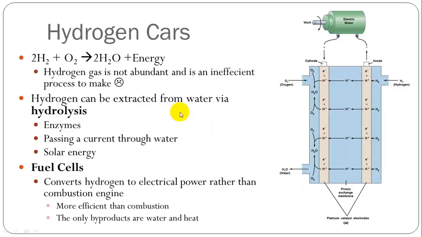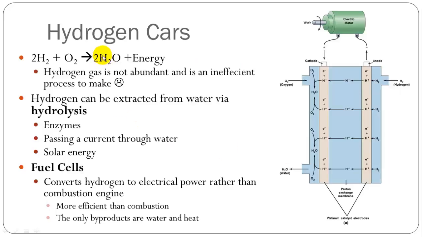But the advantage to it is it's clean. The only byproduct is water vapor. And so it'd be interesting if we could find an efficient way to make hydrogen and use that to power our cars. It's also more efficient than combustion, but again, that is the actual reaction with oxygen and hydrogen.